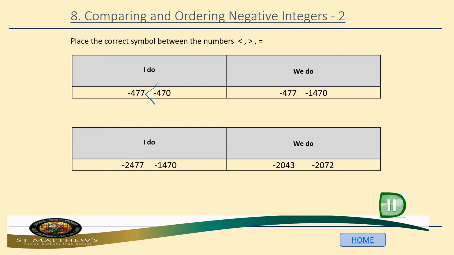So minus 477 is greater than minus 1470. Mark it with the green pen. So tick it if it's right or cross if it's wrong.